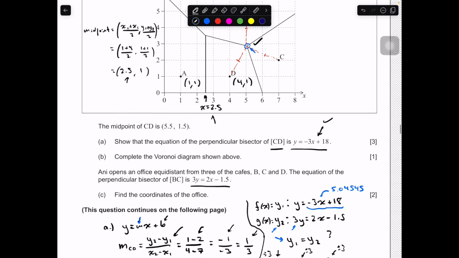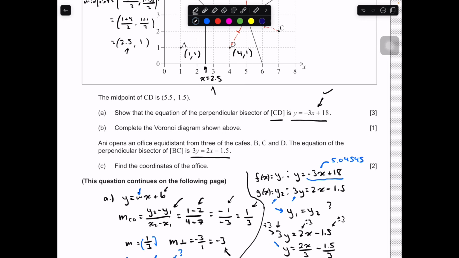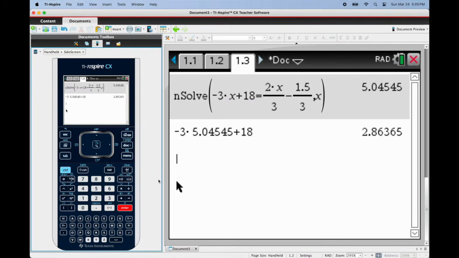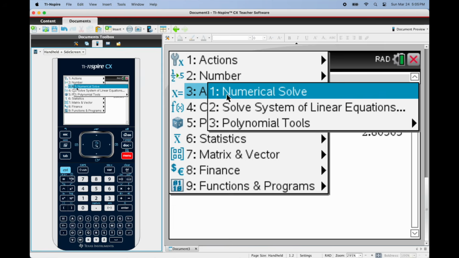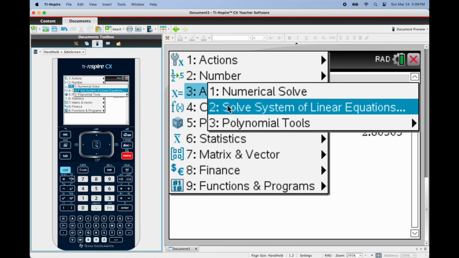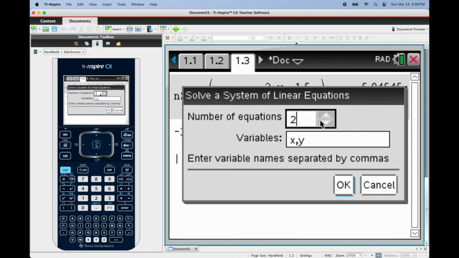One thing I was just thinking, in terms of this question, if we want to find the intersection of these two lines, we can do this idea of y1, y2, but I was just thinking of our linear equation solver here. So at the calculator right here, solve system of linear equations, 2 variables, x and y.